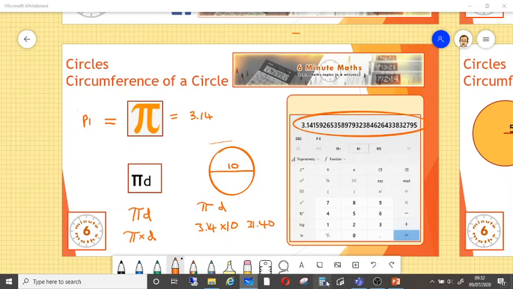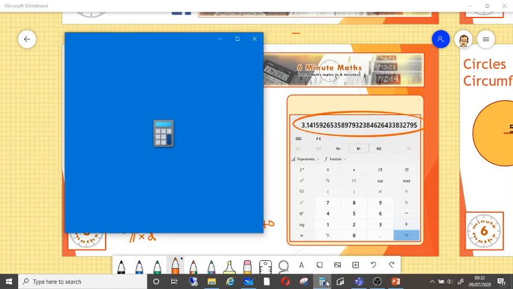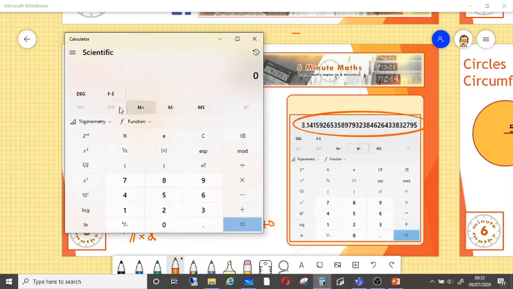If I was doing that on the calculator, I'll just quickly click on my calculator, see if it pops up. Just give it a second, there it is. Any time today would be good, thank you. So we click on pi times the diameter of 10.